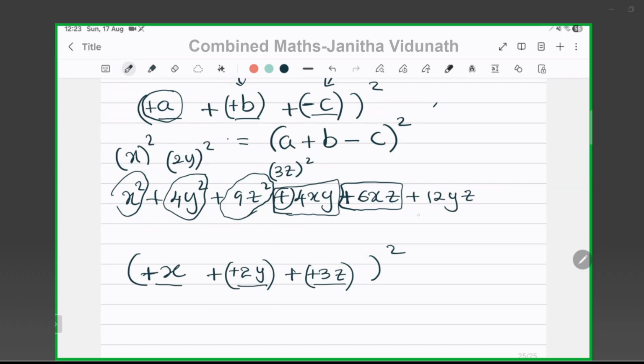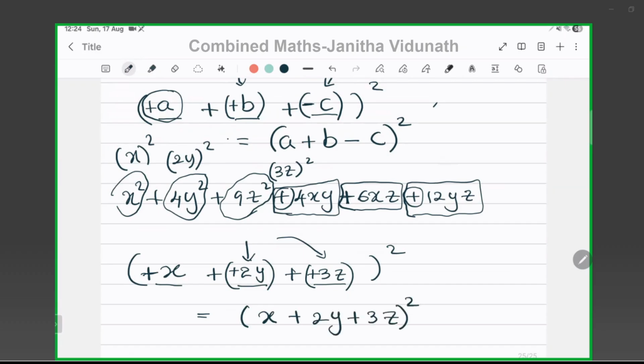Further, we can understand by using the last term. Here we get y as positive, then y times z is a positive answer. Then since y is positive, z also needs to be positive. Then the final answer is x plus 2y plus 3z whole square.